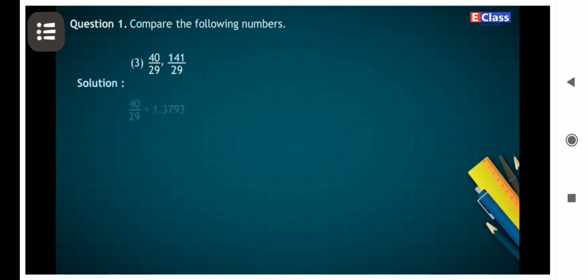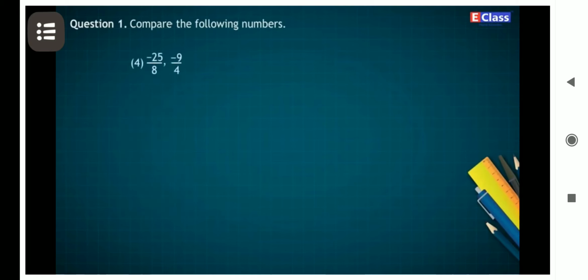Solution. 40 by 29 is equal to 1.3793 and 141 by 29 is equal to 4.8620. 1.3793 is less than 4.8620. 40 by 29 is less than 141 by 29.